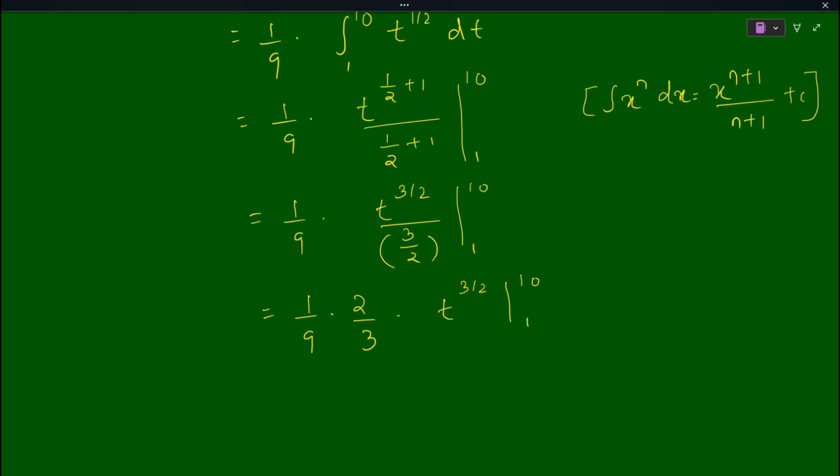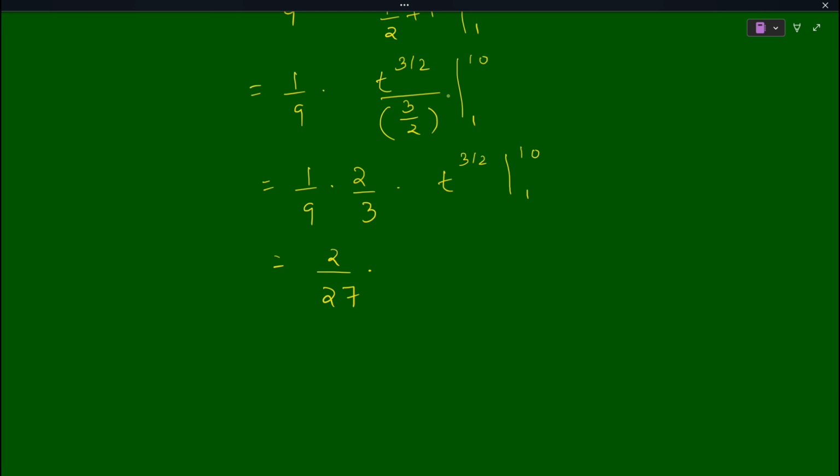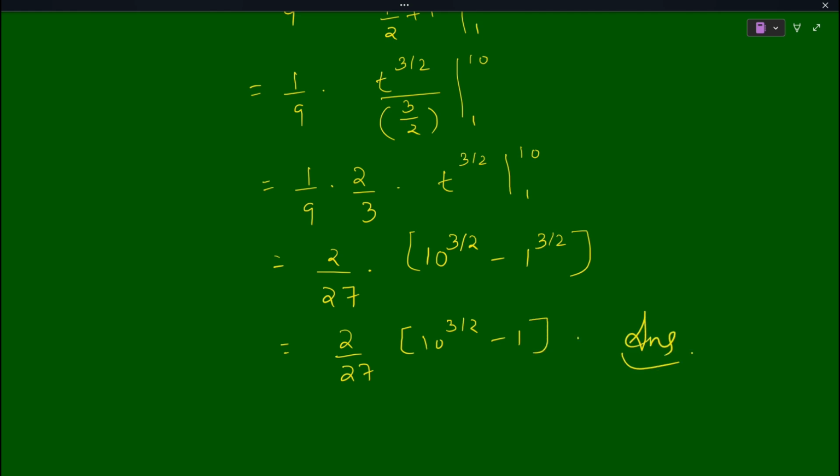This value is now 2 by 27 into, now use the limits. The upper limit is 10 to the power 3/2 and take the lower limit as 1. So this value is 10 to the power 3/2 minus 1, which is the required arc length of the curve. You can solve this expression further using a scientific calculator.